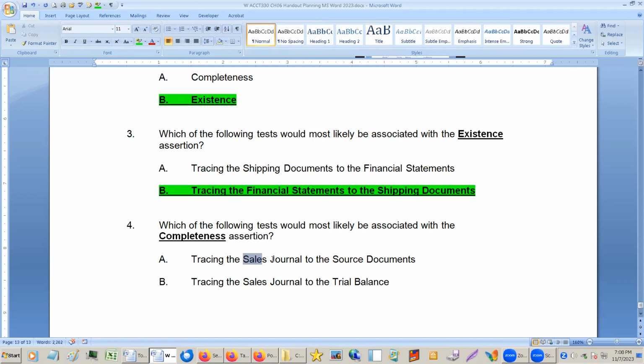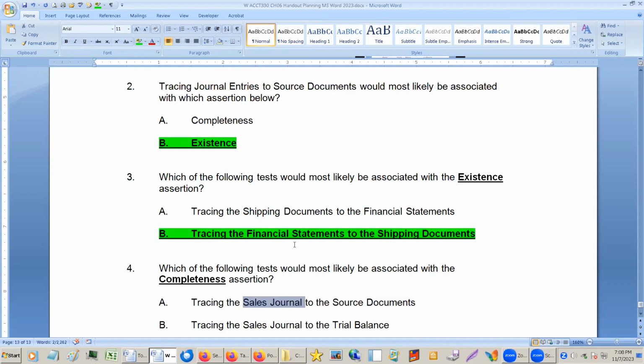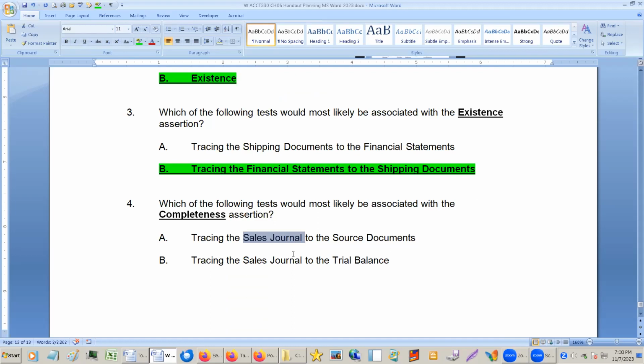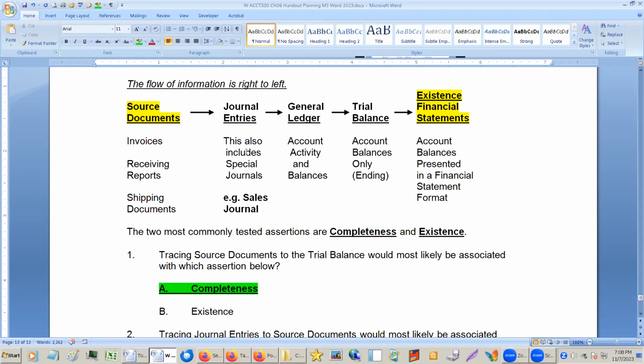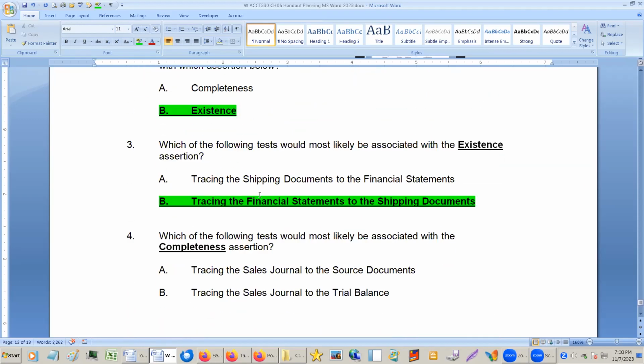So if you're in the sales journal and you're testing for completeness, would you be going back to the source documents or forward to the trial balance? Forward. Yep, good. You'll be tracing from the sales journal to the trial balance to make sure that it is included in that trial balance.